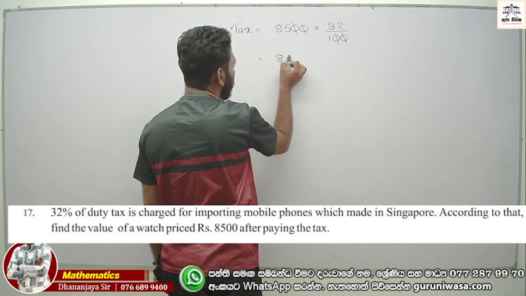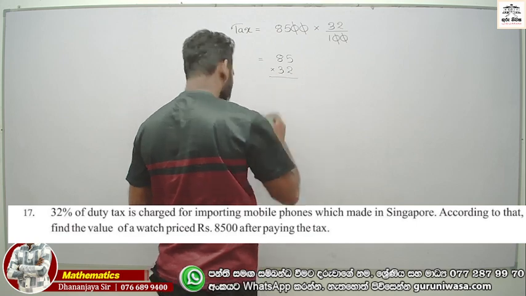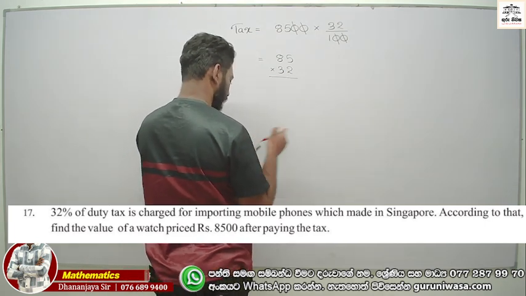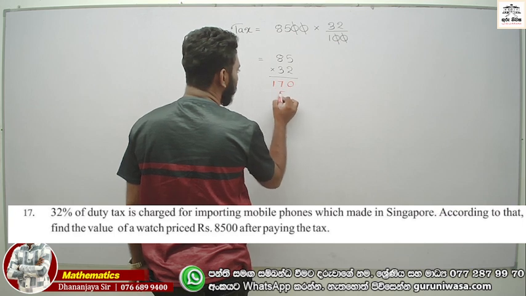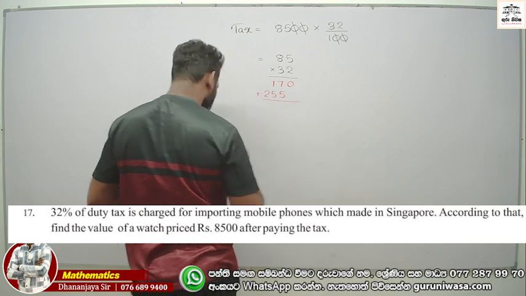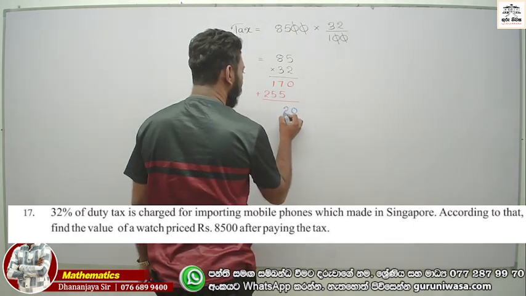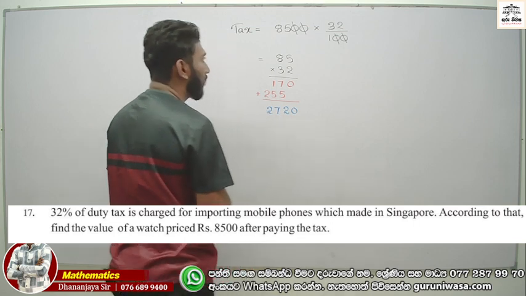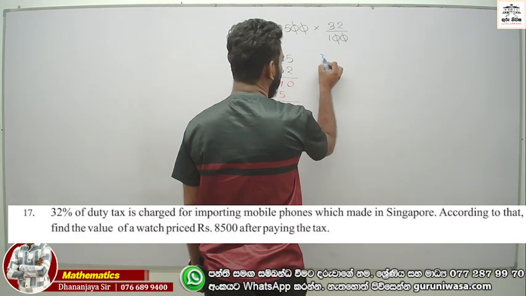Now 85 you need to multiply by 32, and you know how to multiply. 2 times 5, 10, and 1 remainder, 16, 17. The tax becomes 2720 rupees. Now this is the tax.